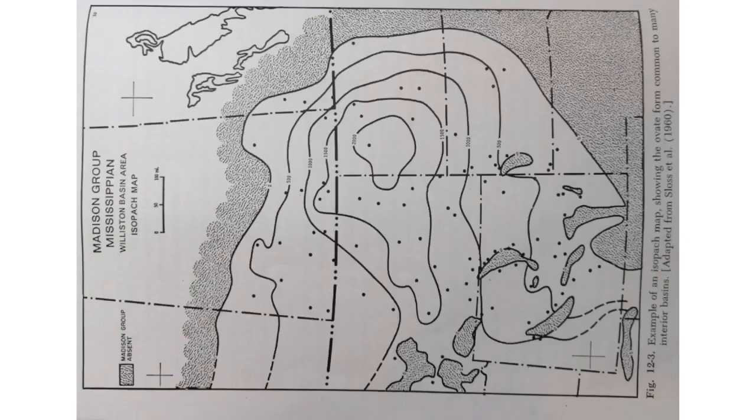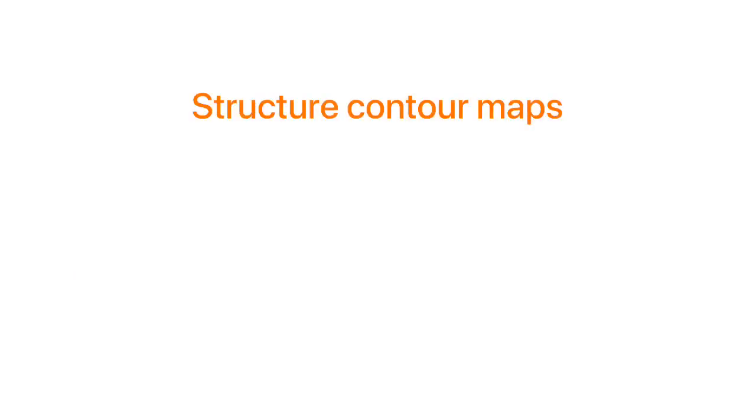And you can see figure 12.3 on page 115, which shows different isopach maps of different lithological stratigraphic units.